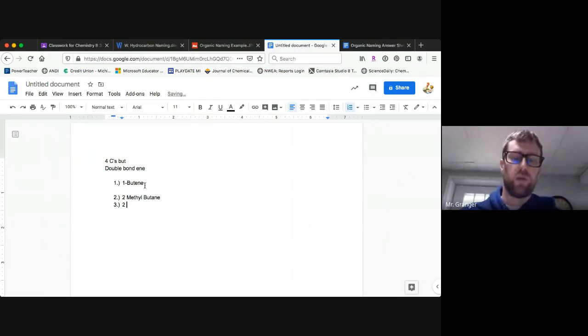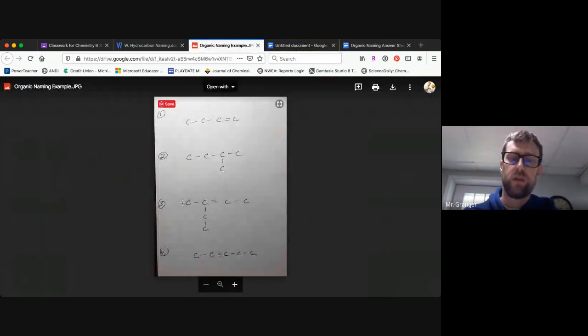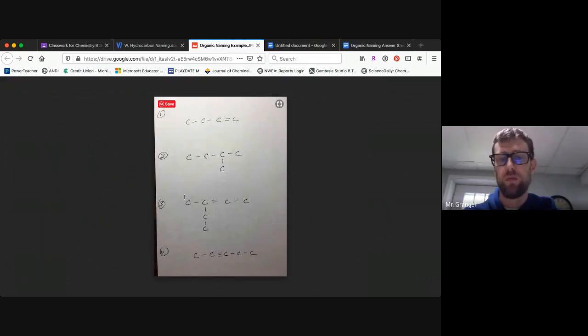2 for the location of the double bond, pent for 5 carbons, and then the ene ending for the double bond. That doesn't take care of everything though, because we've still got this CH3 group over here off of what would be the 3rd carbon.